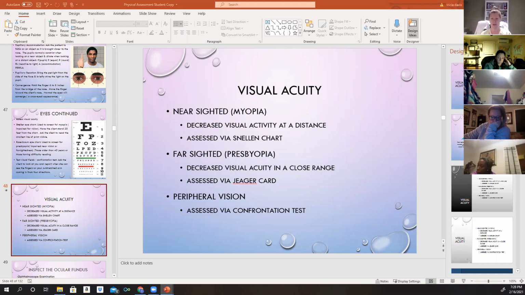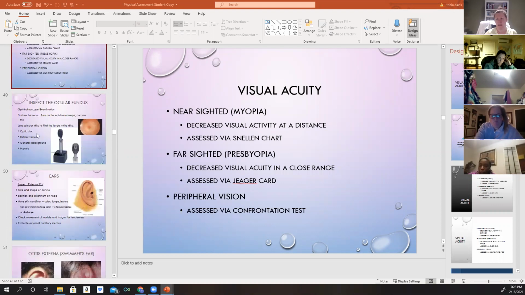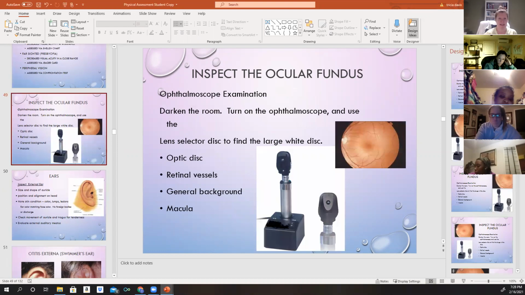To assess that, you could use something called the Jaeger card. I've never seen one or used one. And then we have your peripheral vision test, which is assessed using the confrontation test. But you guys are probably not going to be doing these unless you work in a primary care office.